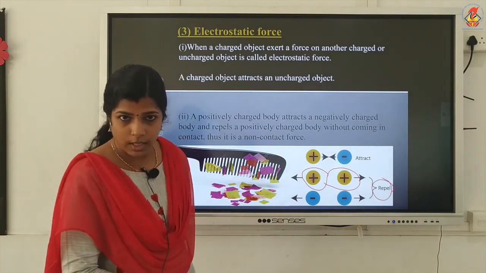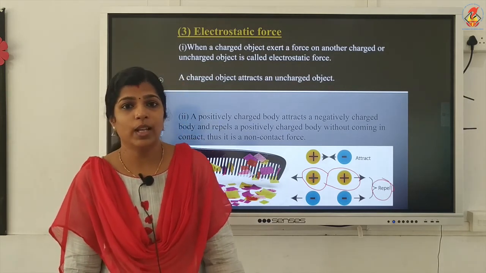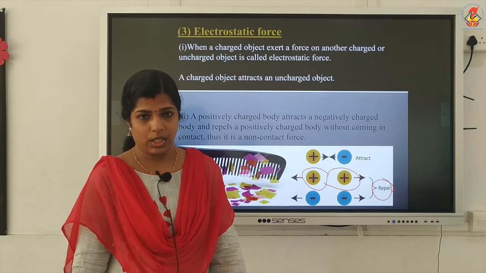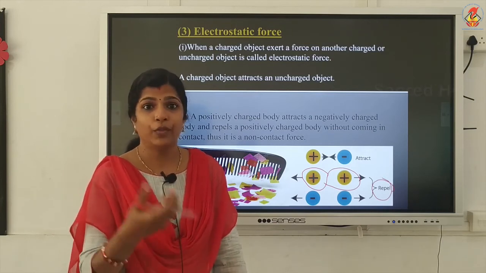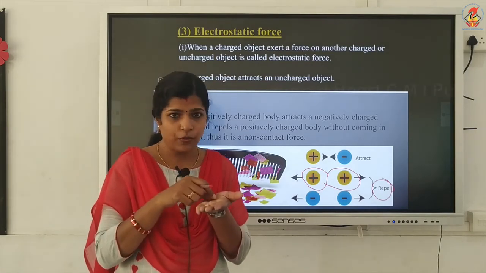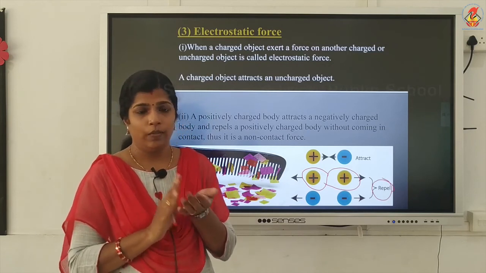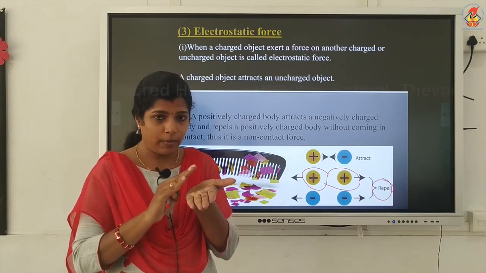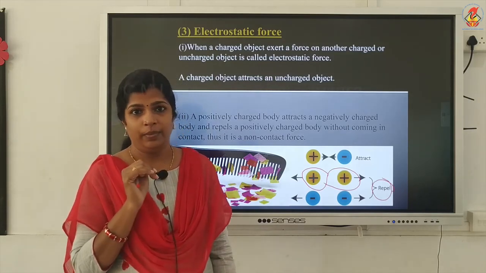Just like magnetic force, this force also acts from a distance, because the small pieces of paper and the scale are not in contact at all. When you bring it very close, the paper will get attracted to the scale.